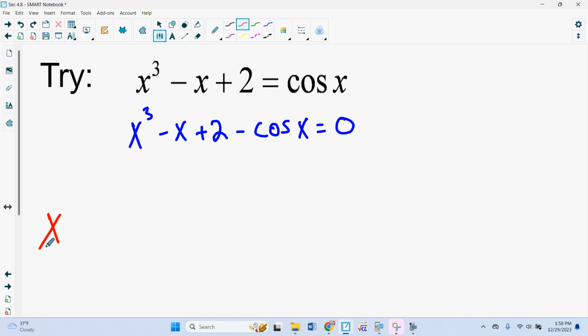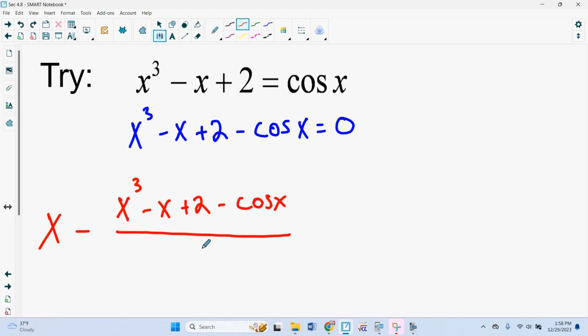So our formula is x minus our function on the top divided by the derivative, which is 3x squared minus 1 plus sine of x. And I'll just give us our starting point of -1.